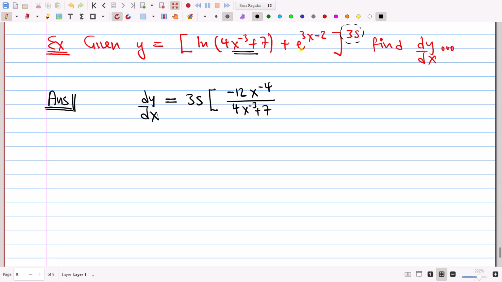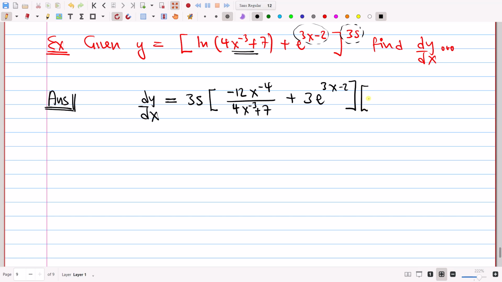Then we move on to the next function, which is the exponential function with base e. We know that if an exponential function has base e, the first thing you differentiate is the power. So you start by differentiating there, and you get a 3 and you bring it down. Then you bring the exponential function as it is. So you get that.